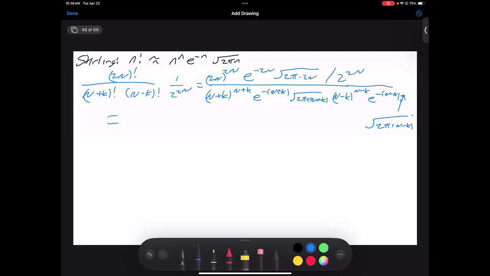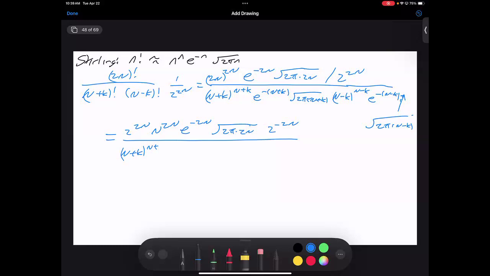And now it's time to just do some algebraic simplifications. So we have 2 to the 2n, n to the 2n, e to the negative 2n, square root of 2 pi times 2n. And then we have 2 to the negative 2n. Downstairs, I've got n plus k to the n plus k, n minus k to the n minus k.